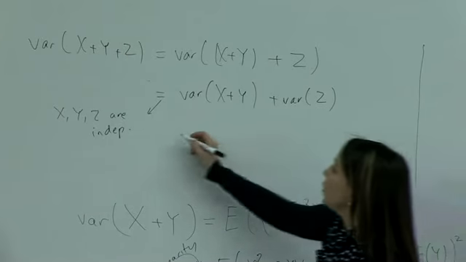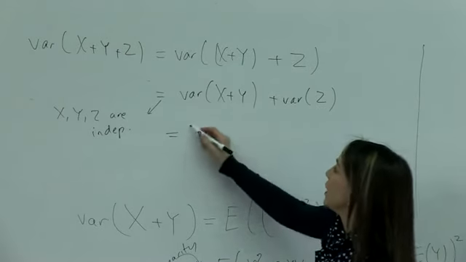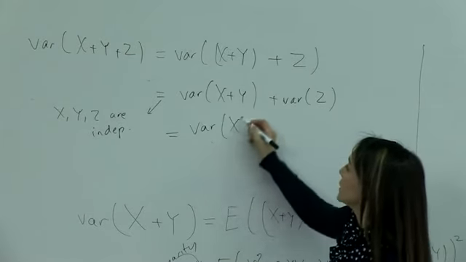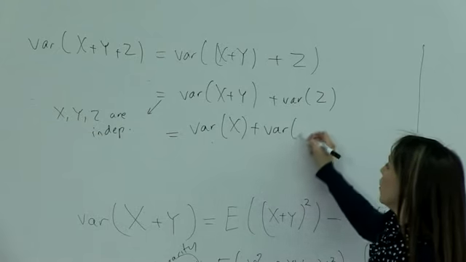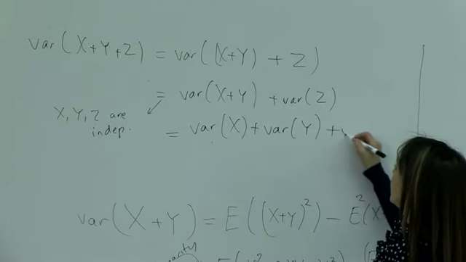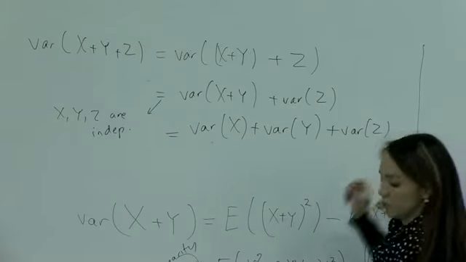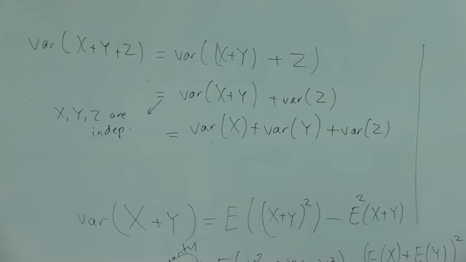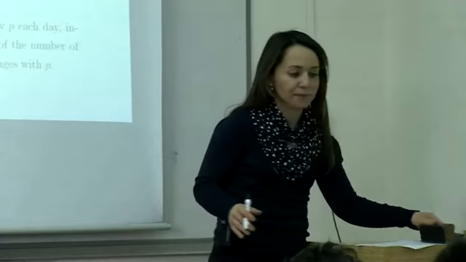But we already know that the variance of x plus y is variance of x plus variance of y. So we reach the conclusion that in general, when you have n random variables, the variance of the sum is the sum of the variances. Okay, any question about this? Okay, so let's do an example.